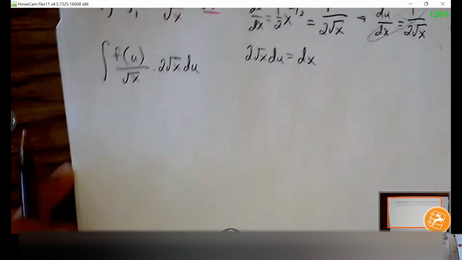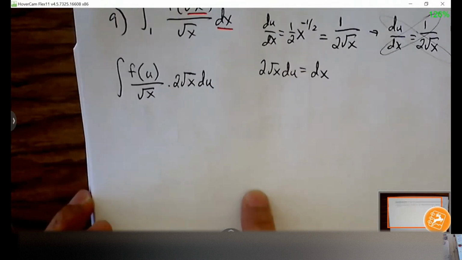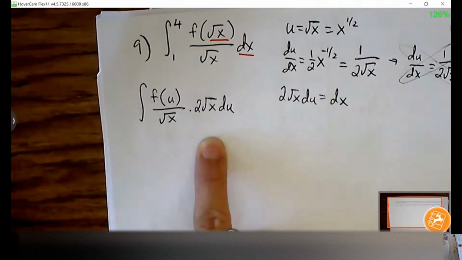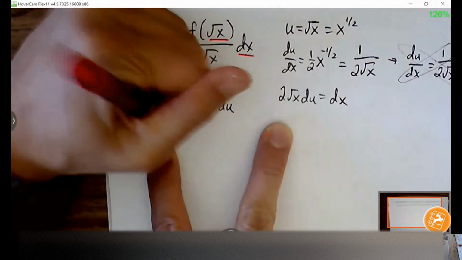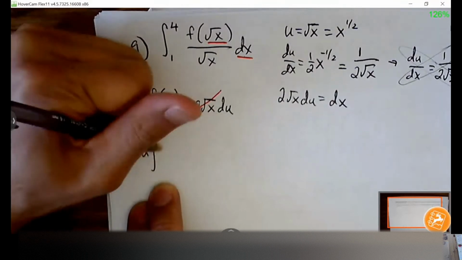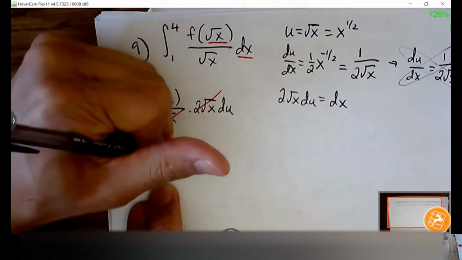Okay, so what do you notice here? Yeah, move the 2 out front. Okay, so we're left with 2 integral of f of u du.